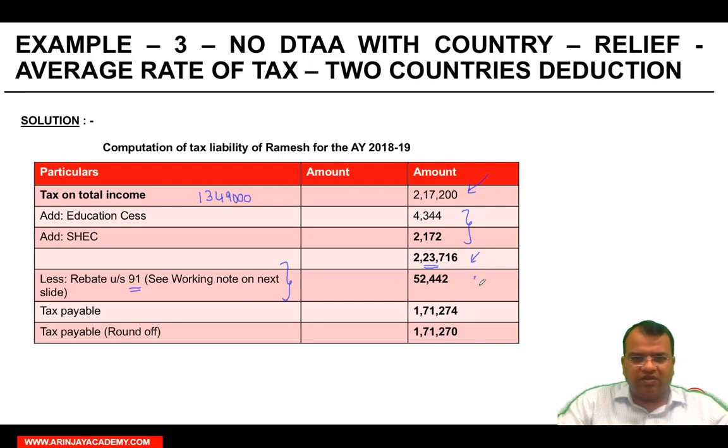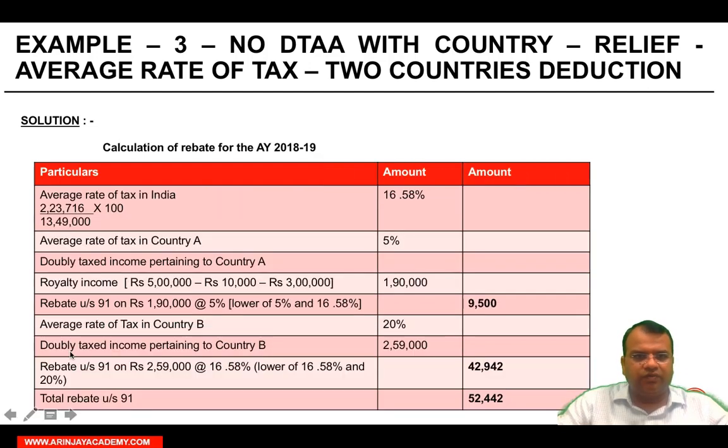Once you reduce this, you will get the tax payable from this person. But the most important question why we are doing this is, how do you calculate this rebate of 52,442?